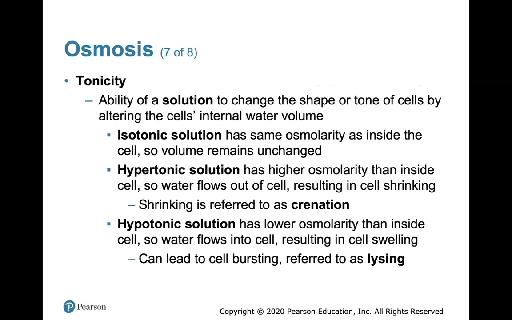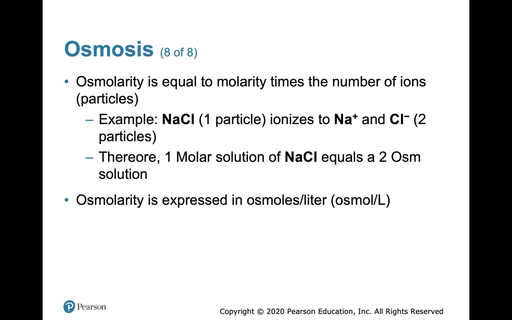So water will flow out of the cell into that hypertonic solution, an area of higher concentration, causing the cell to shrink. We call this shrinking of the cell crenation. A hypotonic solution has a lower osmolarity than inside the cell. So the water will flow into the cell, resulting in the cell swelling, and this can lead to the cell bursting, referred to as lysing.